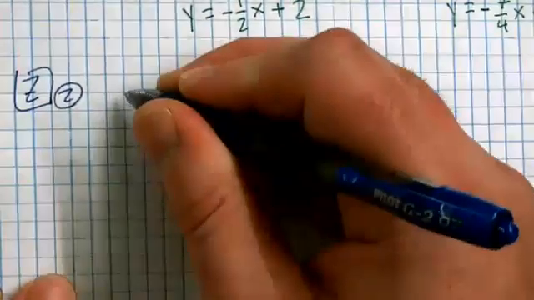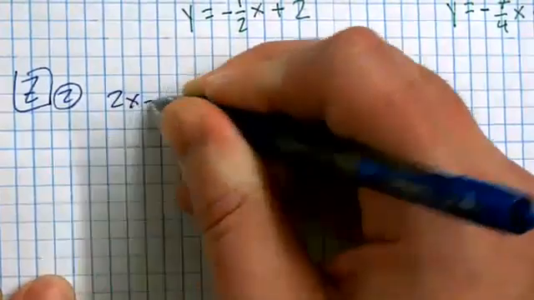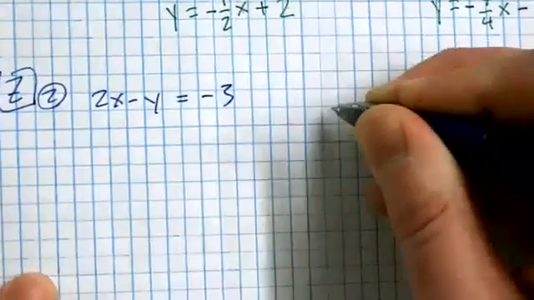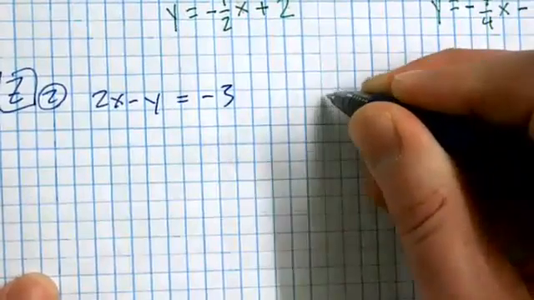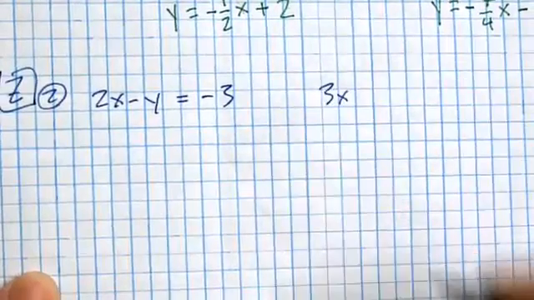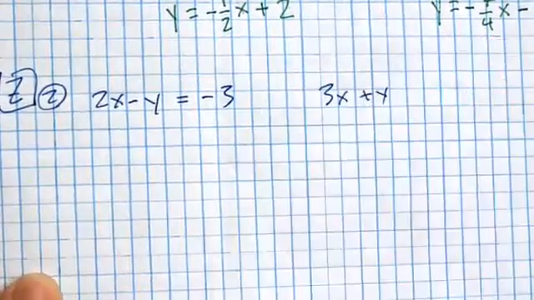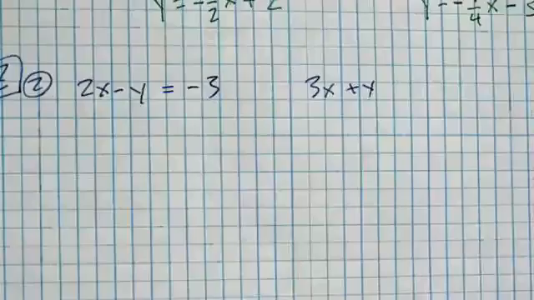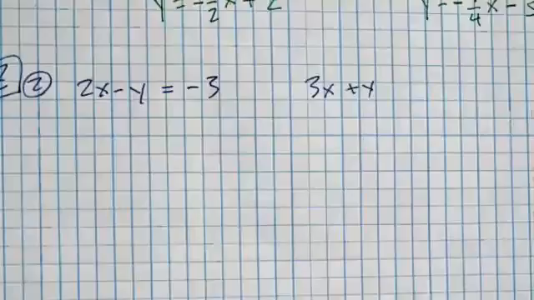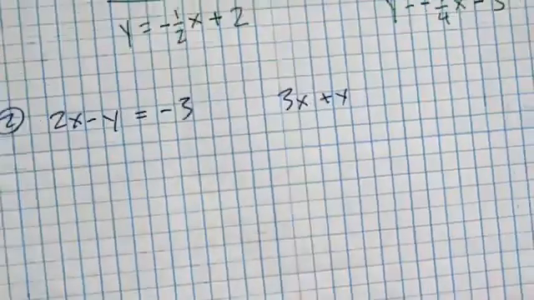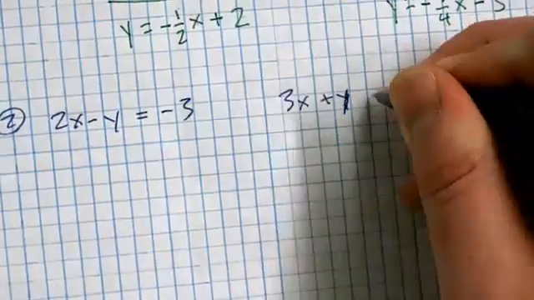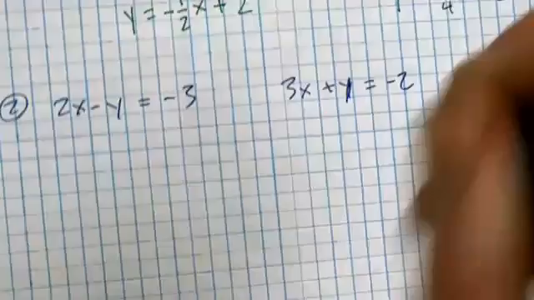Set Z number 2. We got 2x minus y equals -3. I'm going to go ahead and write down both of my equations. I'll put them side by side instead of on top of each other. Then we got x plus y equals -2.